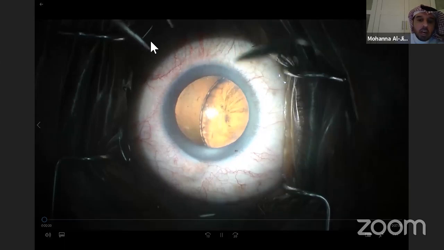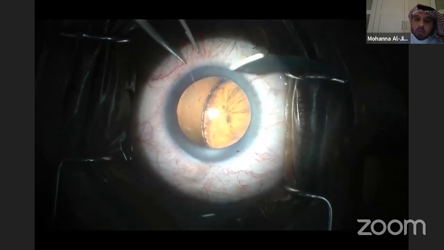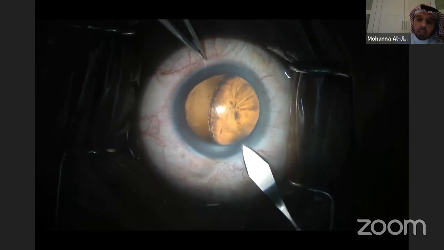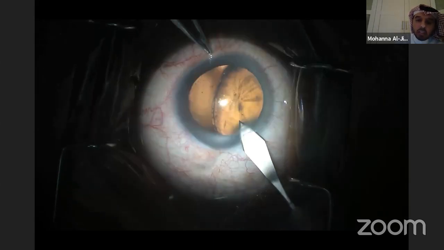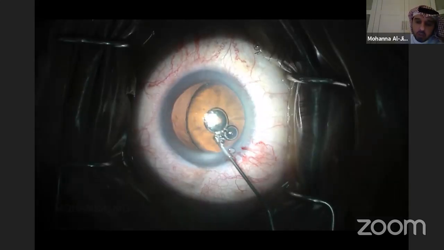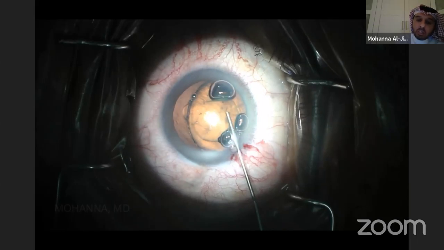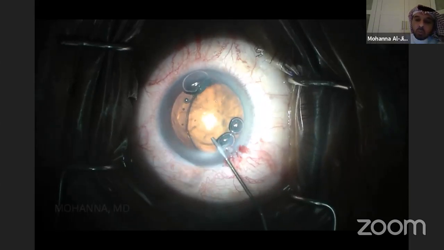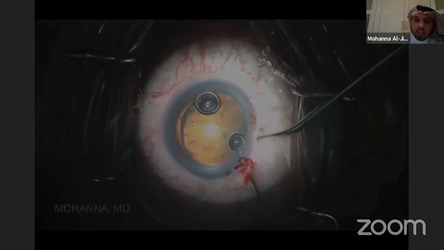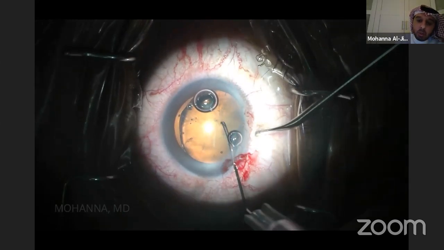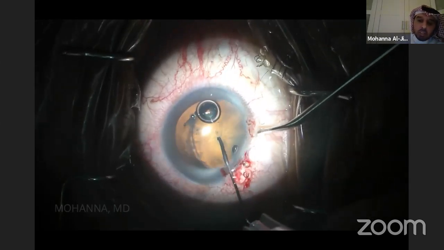First, I did a 2.4 millimeter clear corneal incision on the temporal side. After that, I injected a cohesive viscoelastic at the side of the crystalline lens, and also used a dispersive at the area of the weak zonules. As you can see, the lens is not only subluxated, it's also tilted into the vitreous.